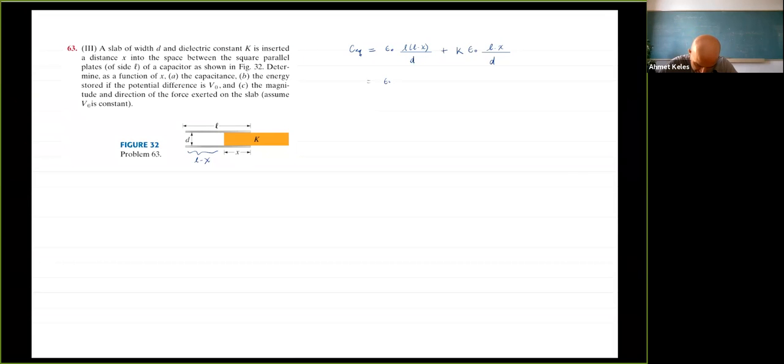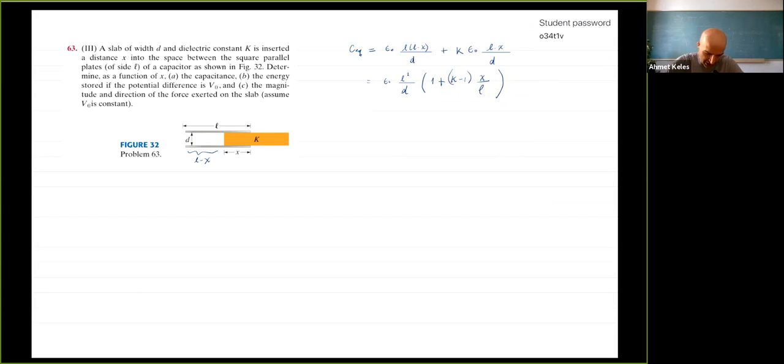It's going to be epsilon naught, actually let me take L squared outside, and divide it by D, and it's equal to 1 minus x over L, and lastly plus k x over L. Actually, let's write these two things together: k minus 1 times x over L. Now I can pull this out and close the parenthesis, and this is a plus. Any objections? Now this is the capacitance.